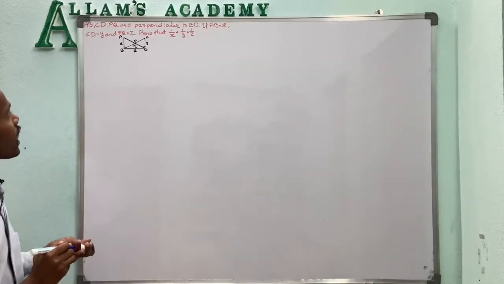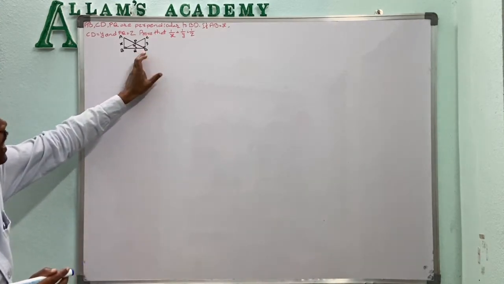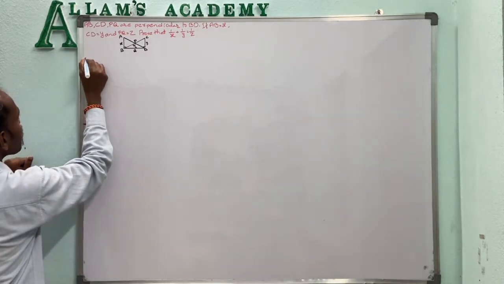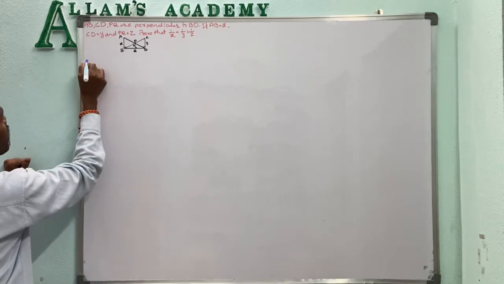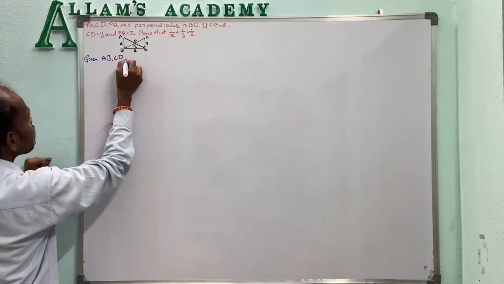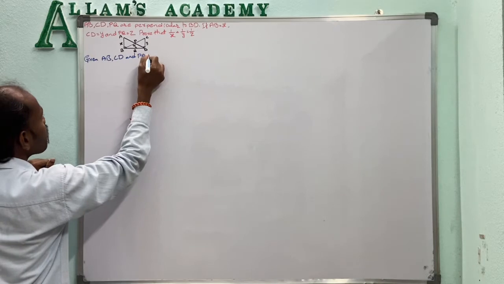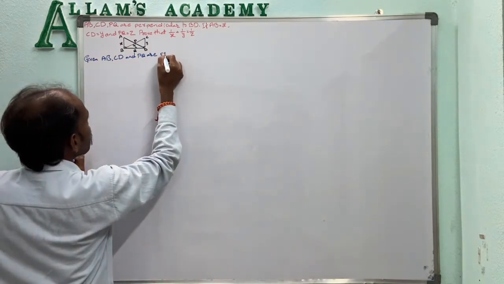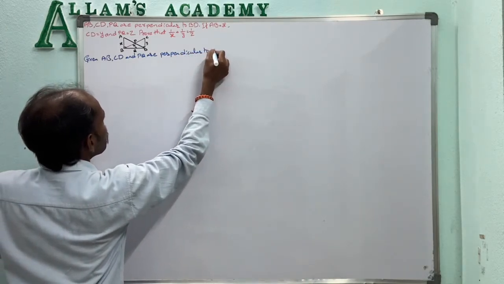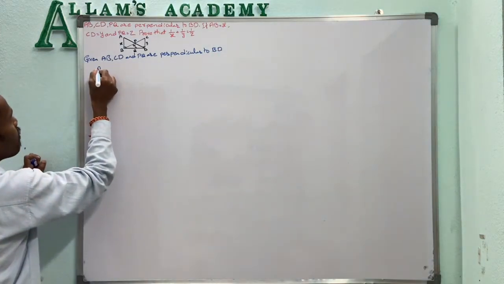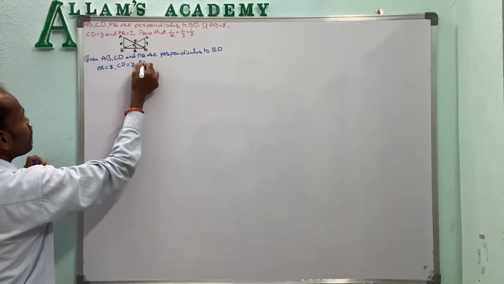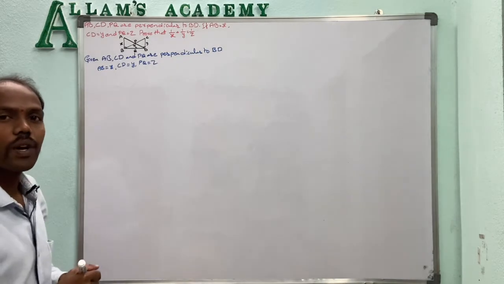In these two triangles there are 90 degree angles, for that purpose we are taking them. First I write the given: AB, CD and PQ are perpendicular to side BD, and AB equal to X, CD equal to Y and PQ equal to Z. That is the information given.